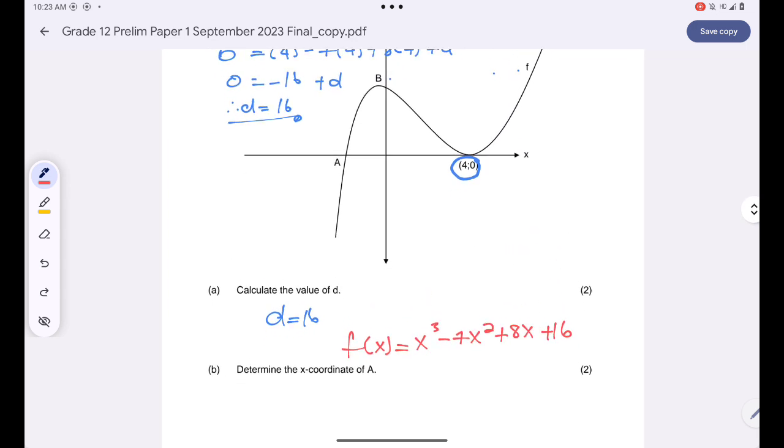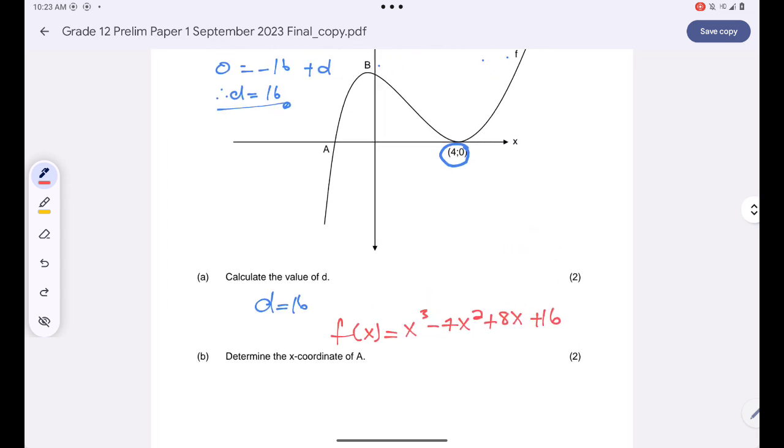But this equation guys can only be written as f of x is equal to x minus the x value at A, and then x minus 4 all squared. Why? Because over there guys, the 4 represents the stationary point, and at the same time our graph touches the x-axis. That's why it's squared over there.